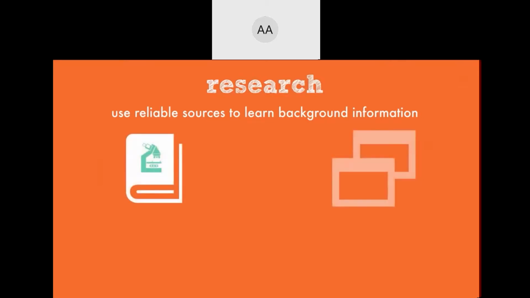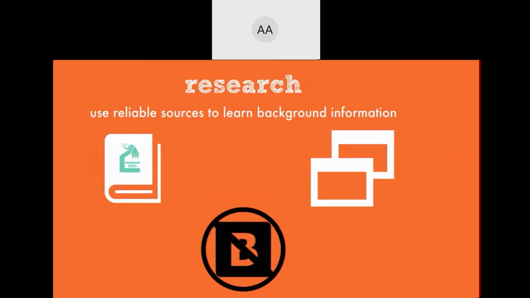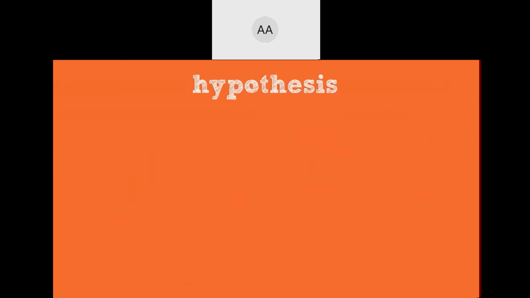Research is an important step in science because it may answer other questions you have and help refine your experiment before you go down a path that leads to nowhere or conduct an experiment that's already been done. Make sure you use reliable sources to learn background information. Scientific journals and online sources that are vetted and trusted are best. Avoid information from blogs and out-of-date textbooks, as the information might not be reliable. Once you have your research completed, you can form your hypothesis, which is a prediction of what you believe will occur.